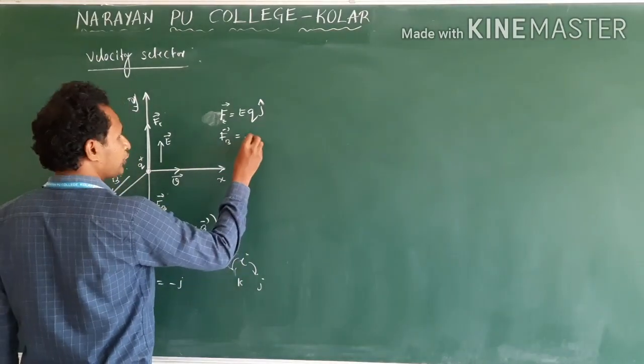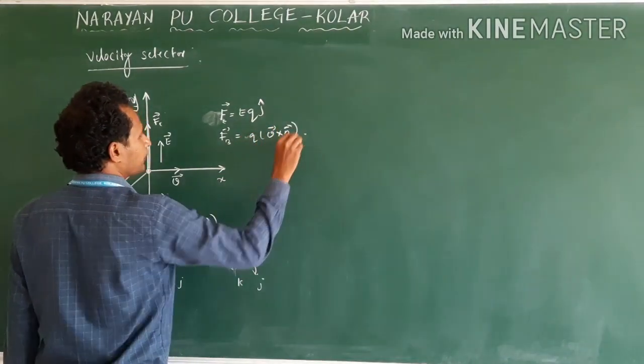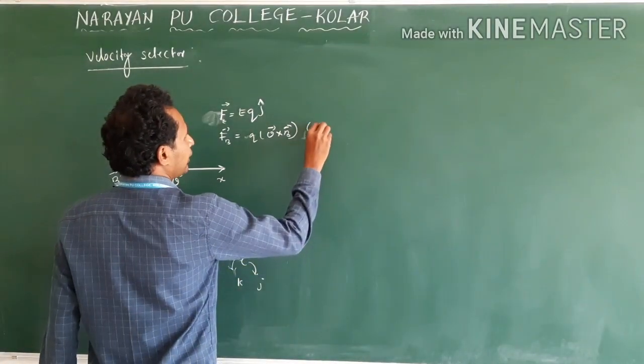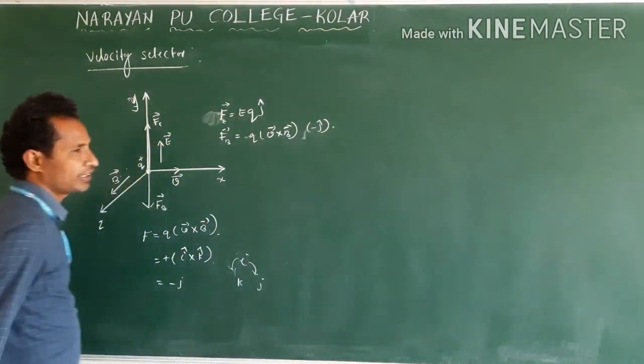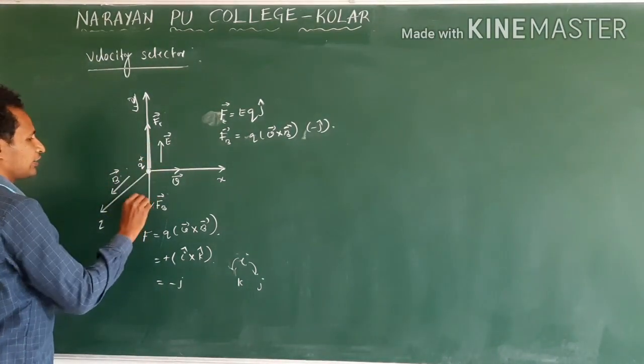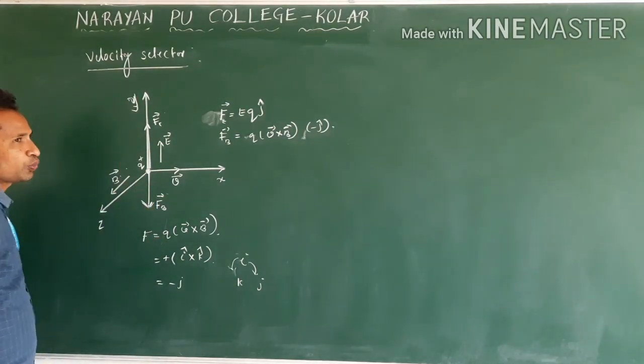We can write directly Q into V cross B, acting along minus J direction. Clear? So both are acting, one is acting up, another one is acting downwards.